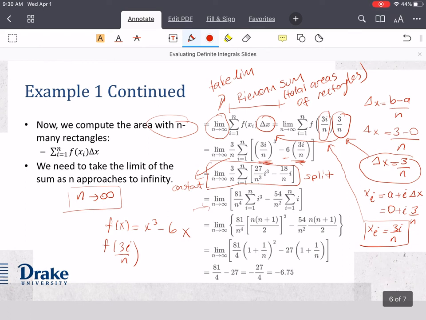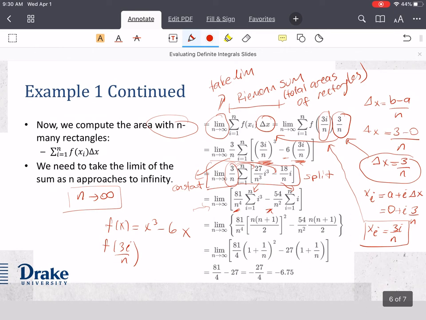So as you can see, I split the first term and then the second term, and then you take out the constants because 3 over n is going to be distributed for each of these guys. So this one has 3 times 27 over n cubed, which is 81 over n to the 4th. And then this one has 3 over n times 18 over n, which is going to result in 54 over n squared.